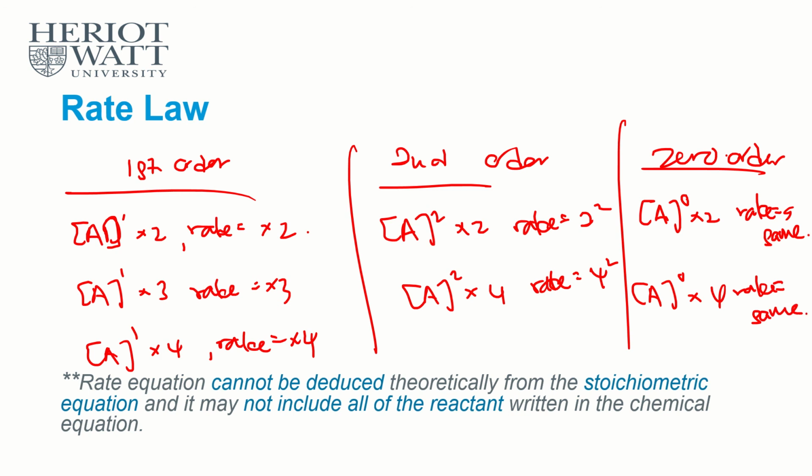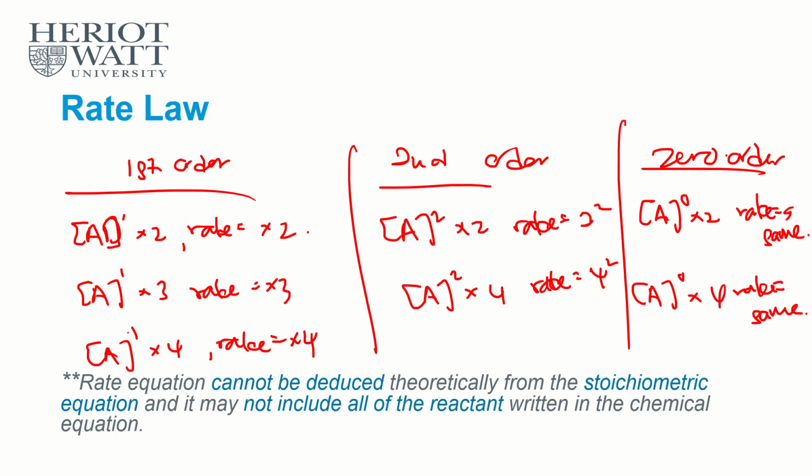It's the same. So let's say the initial rate is 1 mole per dm cube per second. If I keep changing the concentration of A, but A is zero order, what do you expect? The rate will still be maintained at 1 mole per dm cube per second. All right, so that's first, second, and zero order.